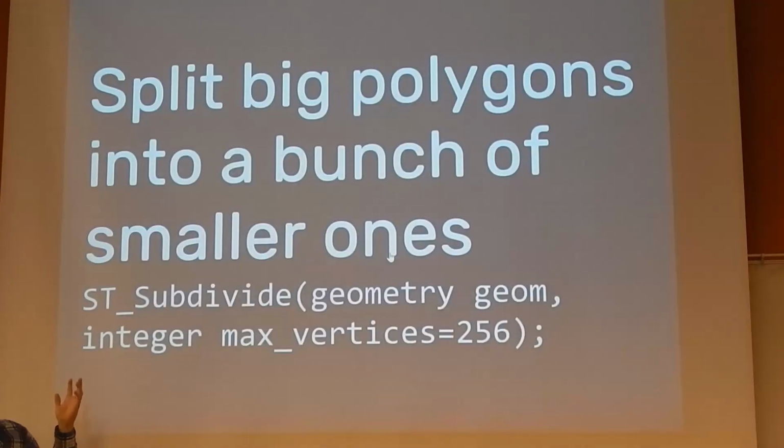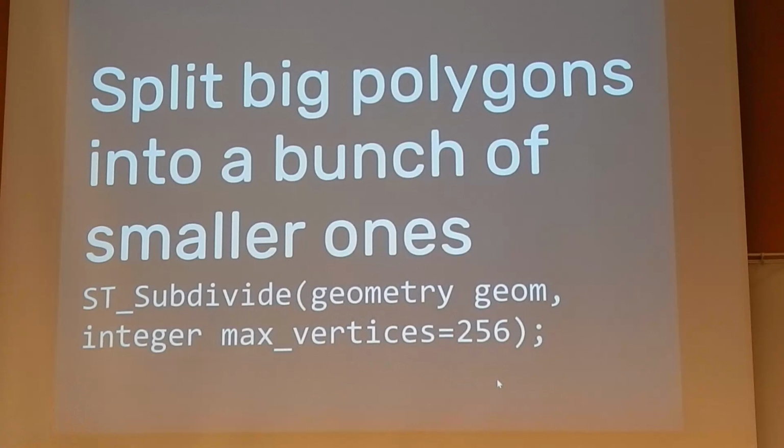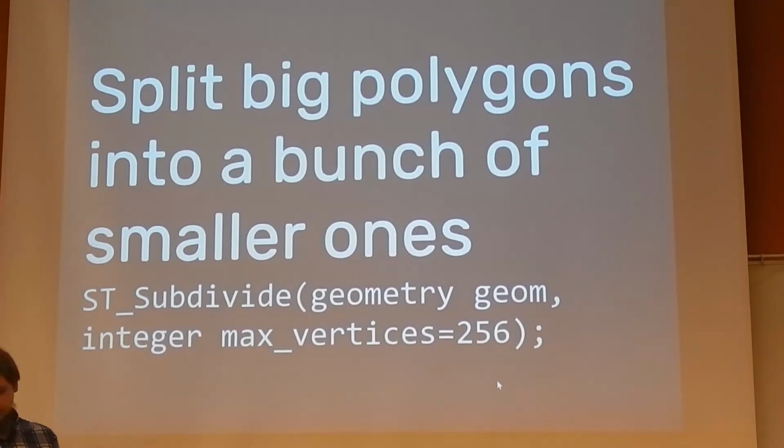The second argument, max vertices: when it's splitting up the geometry, once it hits that limit for whatever piece it's working on, it throws it out to the bucket to be included in the set of split items. So these little shapes should have no more than 256 vertices.